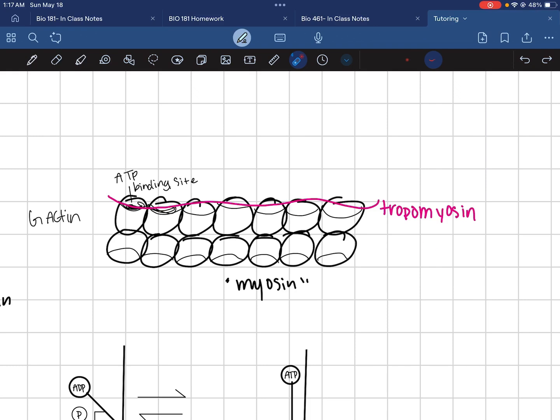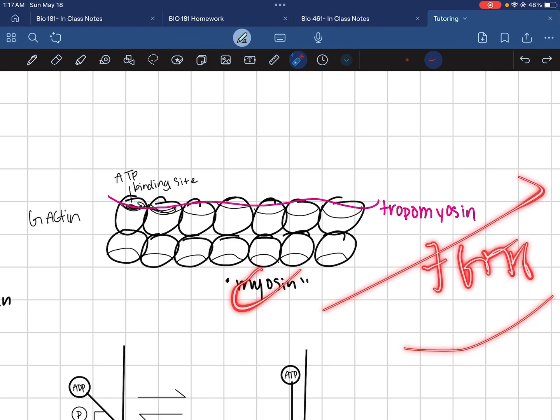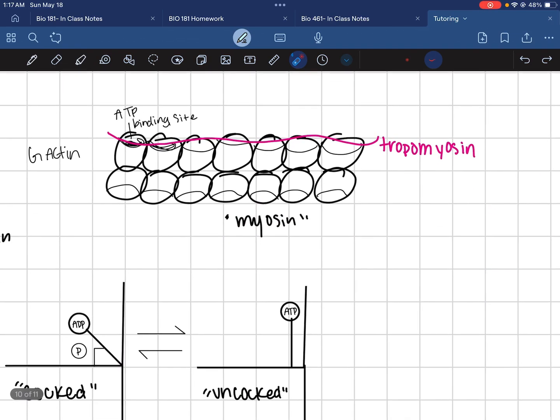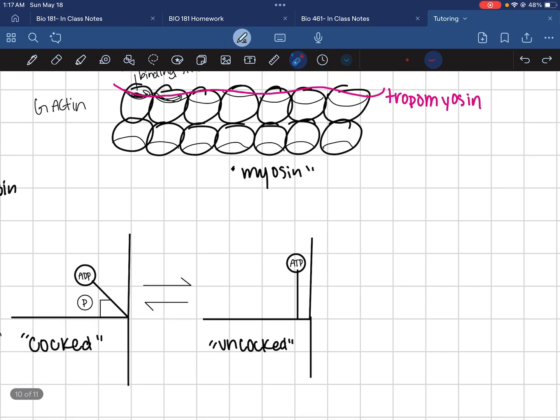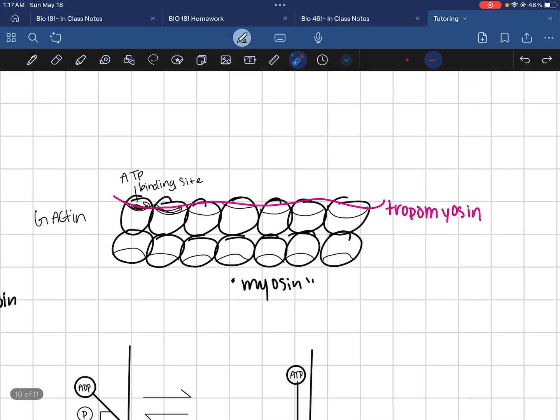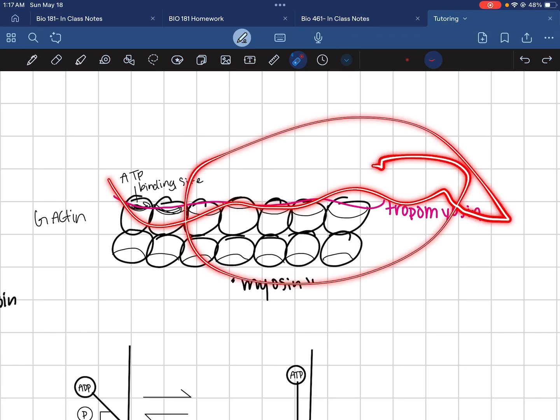Tropomyosin covers all 7 G-actin. And then calcium binds to troponin, moves tropomyosin off of the active binding sites, which reveals the myosin heads, and then they can bind.